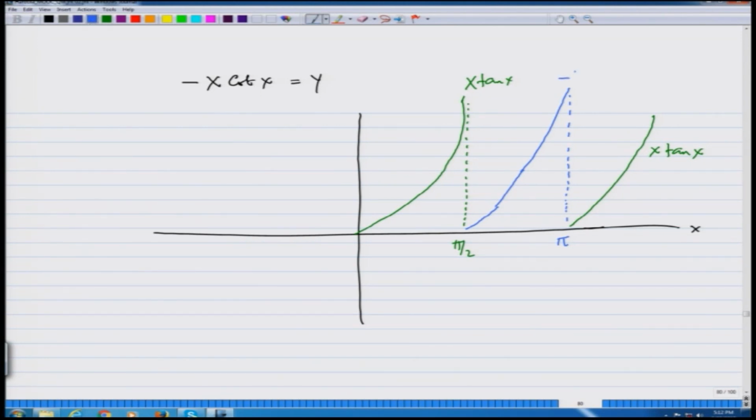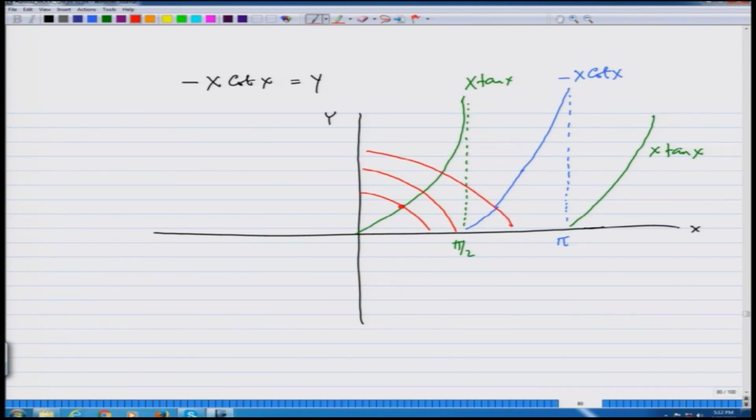This one is minus x cotangent x, and remember how y is given as a function of x. So, this is my y, this is x. Y as a function of x is given by these circles. So, intersections give me the solutions.